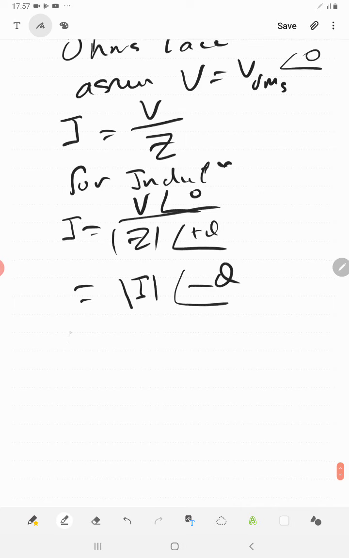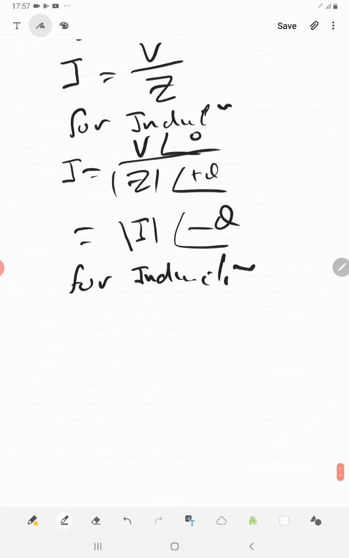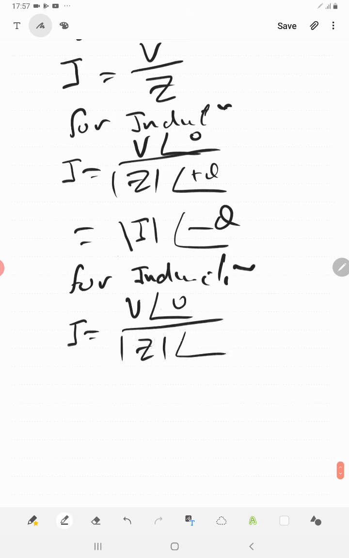While for the capacitive circuit, I is equal to V angle 0 divided by Z absolute angle minus theta, so it will be the absolute of I angle plus theta, right?